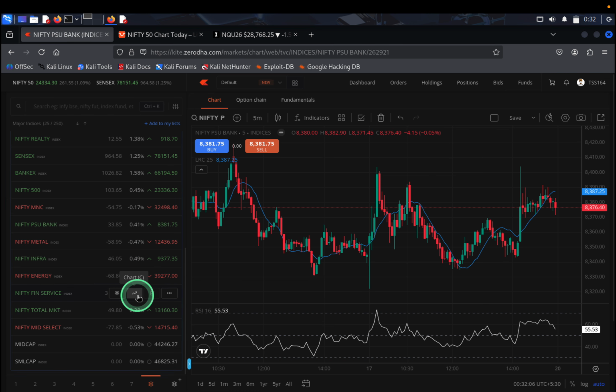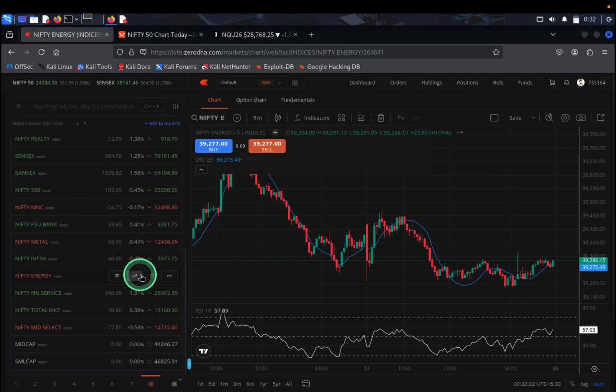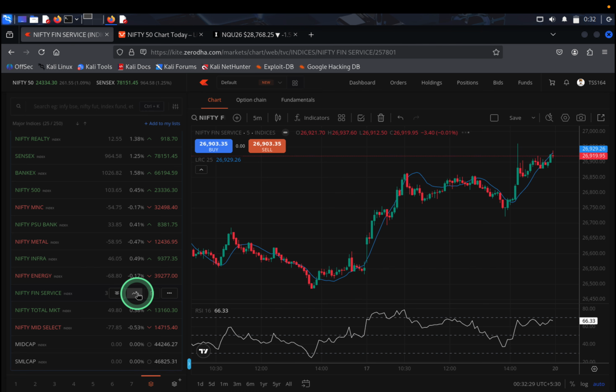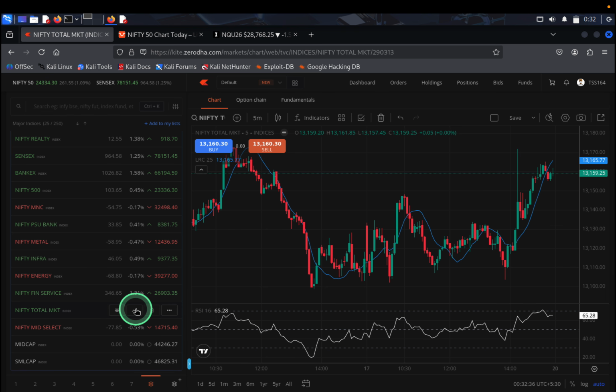Why I judged the 5-minute chart on this is because I wanted a clear picture of intraday movements. Anyone can take a 1 hour chart or a 1 day chart as well. Energy, downward trend, momentum. In service, just like Bank Nifty, and the total market index is also positive.